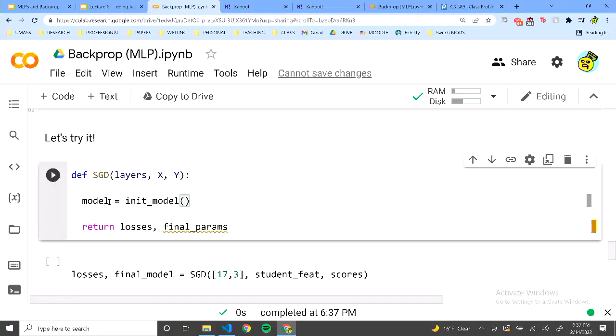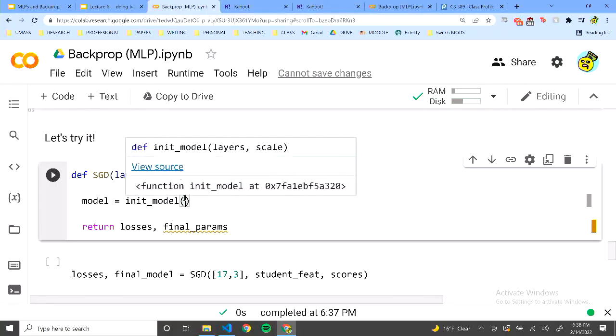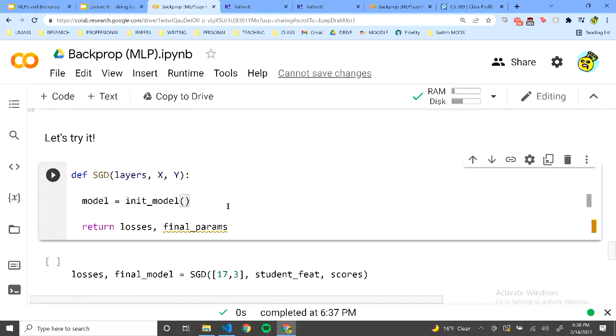Our dictionary is our model. It might not feel right for our model to just be the parameters, but the settings of the parameters and the shapes of the parameters is exactly our model, along with what activation functions we use. That is exactly what it is.